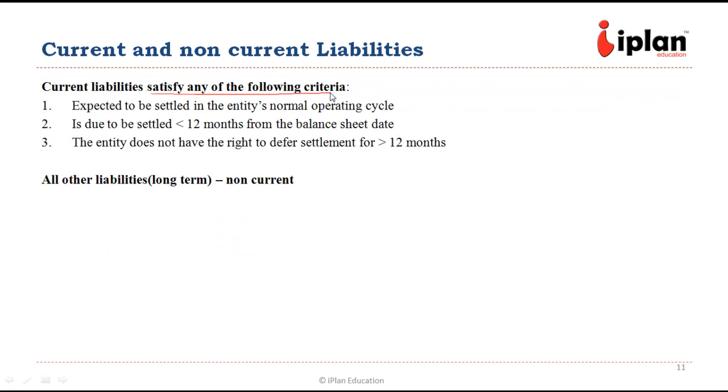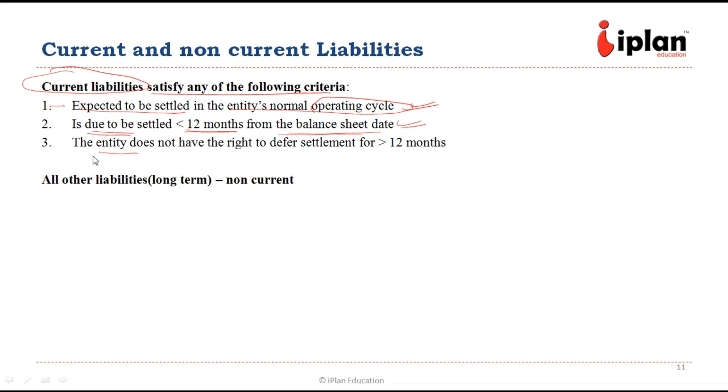So if they satisfy any of these criteria, they are categorized as current liabilities. The first one is they are expected to be settled in the entity's normal operating cycle. We have already seen the definition of operating cycle. The second criterion is if a liability is due to be settled within 12 months from the balance sheet date, then we can categorize it as a current liability.